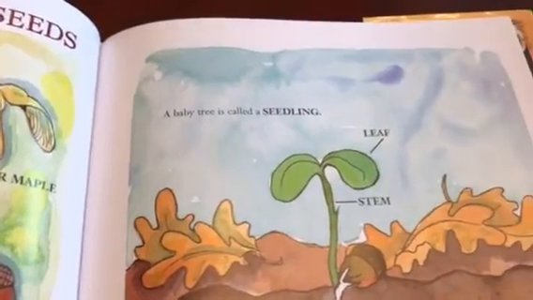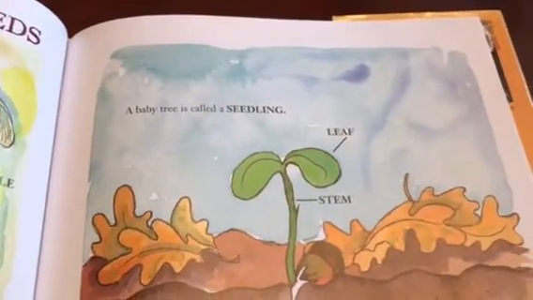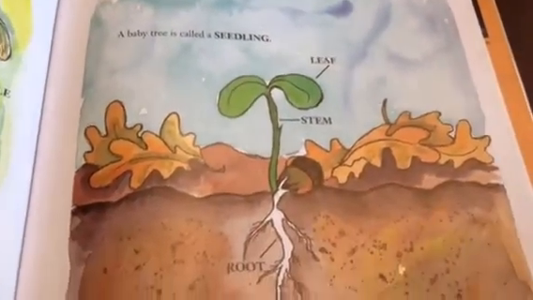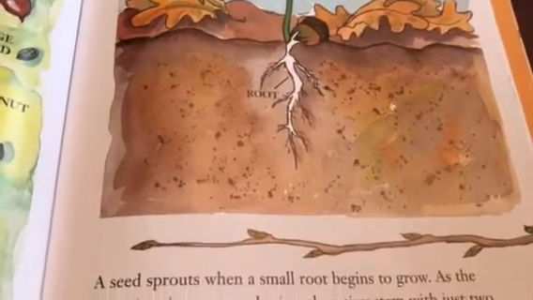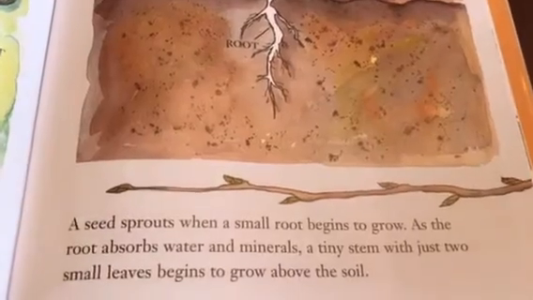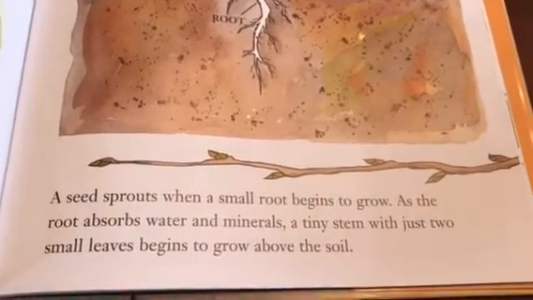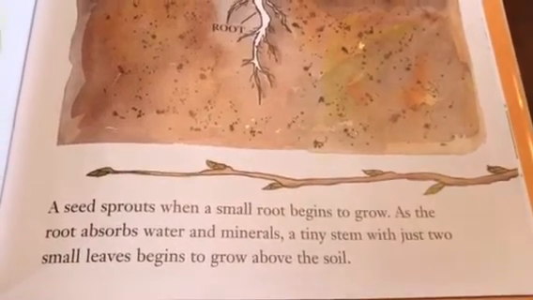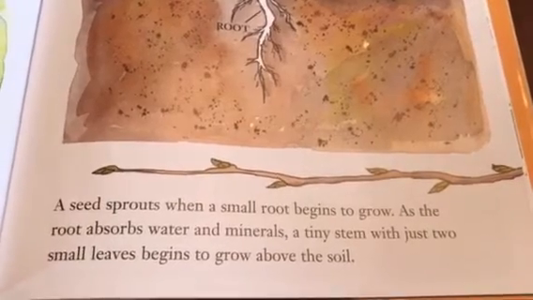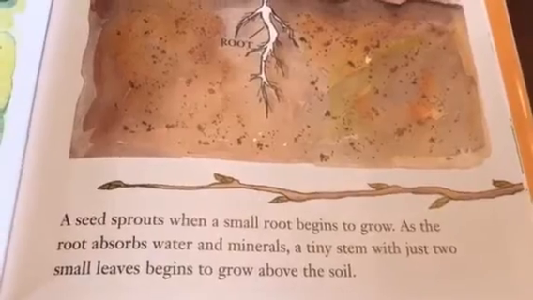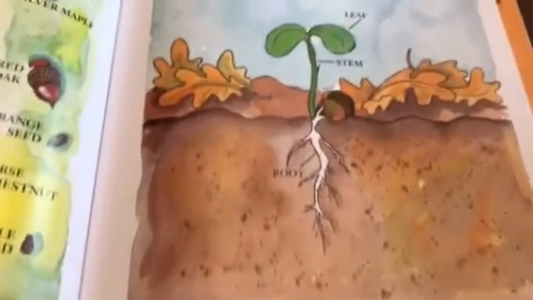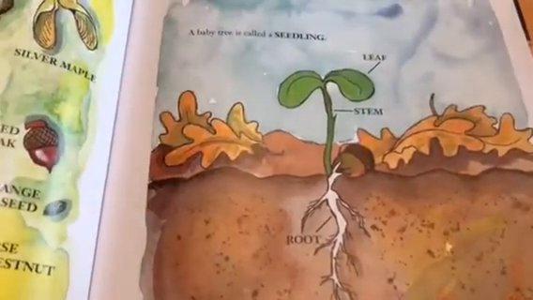A baby tree is called a seedling. A seed sprouts when a small root begins to grow. As the root absorbs water and minerals, a tiny stem with just 2 small leaves begins to grow above the soil, just like in this picture.